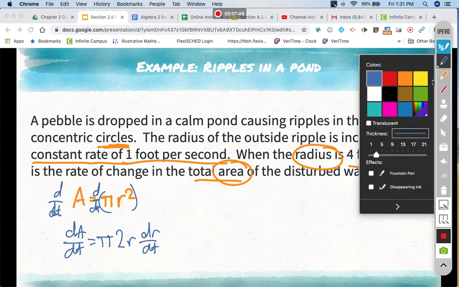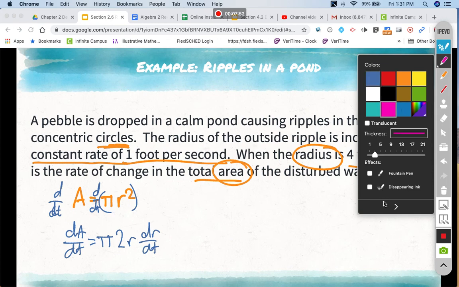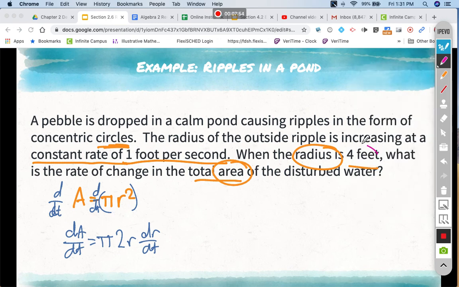And now I need to plug in values. So I know the radius is 4 feet, I'll plug that in there. I know the radius is increasing, so right here, that's my dr/dt.